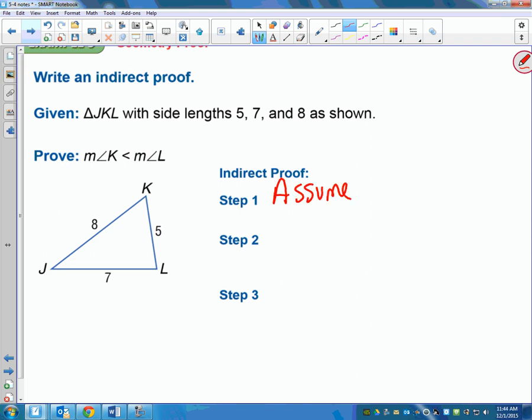Let's assume that the measure of angle K is greater than or equal to the measure of angle L. Wouldn't I have to check both? What did we learn yesterday about sides and angles? If we assume that angle K is greater than or equal to angle L, what would have to be true about the sides?